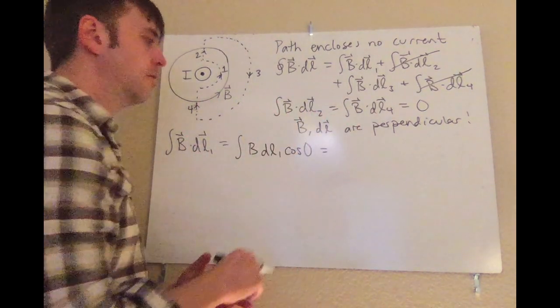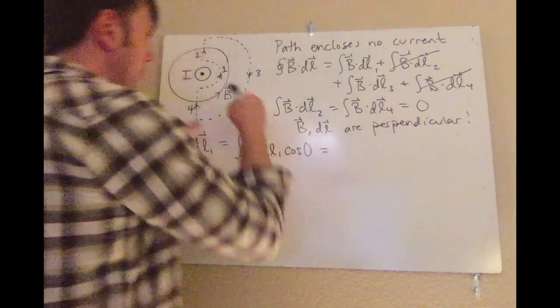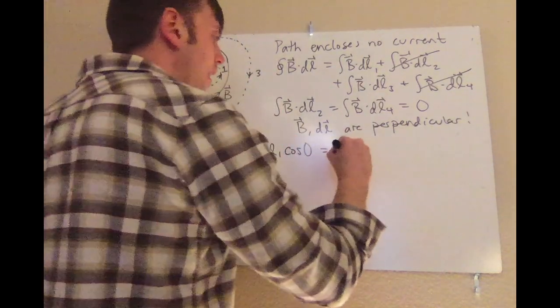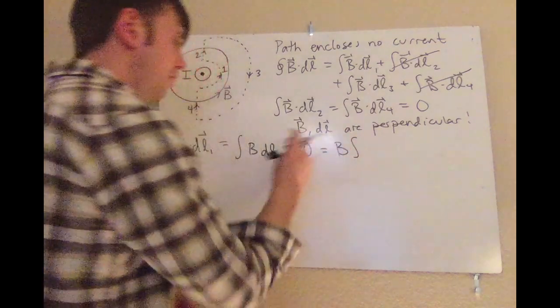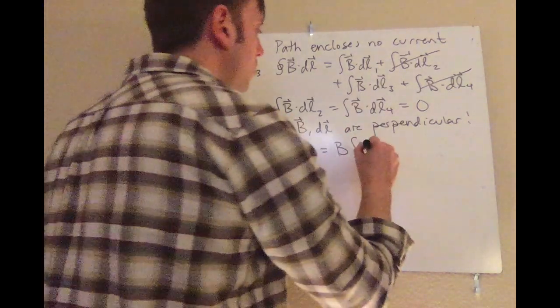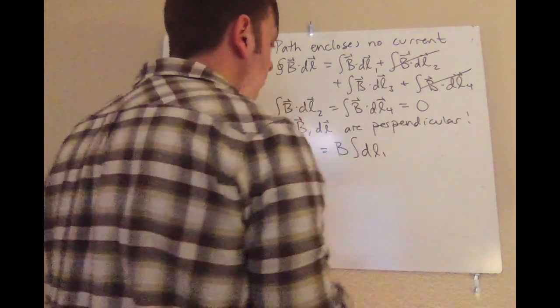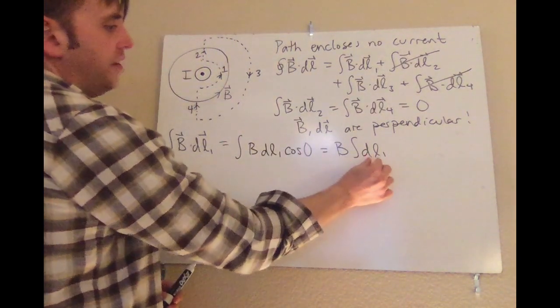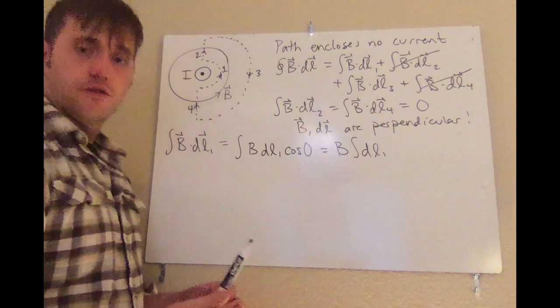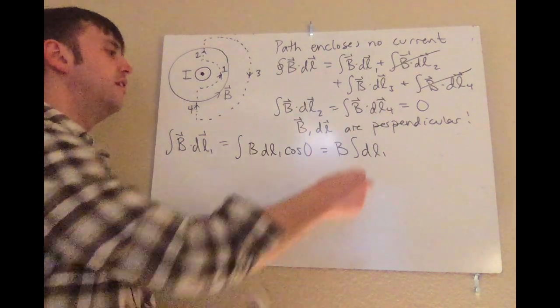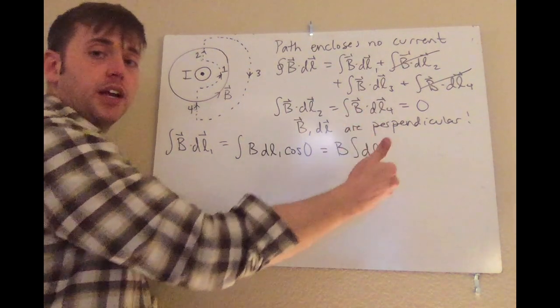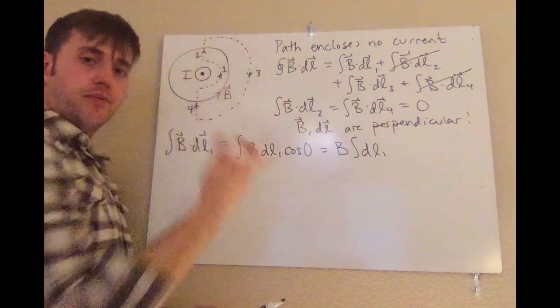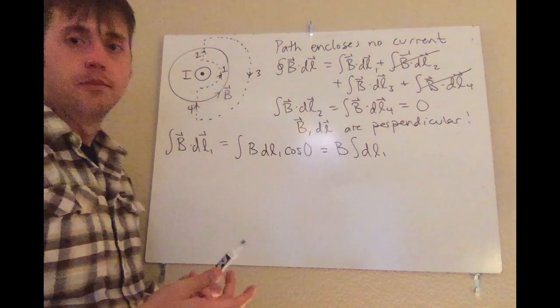But in this case, B is the same strength everywhere along that path, so it's a constant. In other words, it can be pulled out of the integral. Now I have B, and then I have DL1. B is the strength of the magnetic field, and DL1, when I integrate it, is the total length of the path that I labeled as 1.